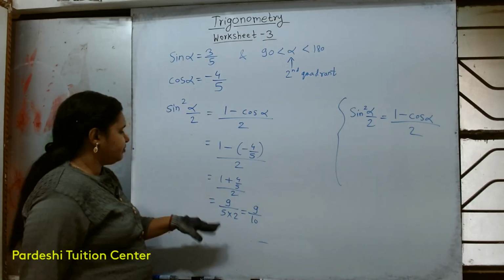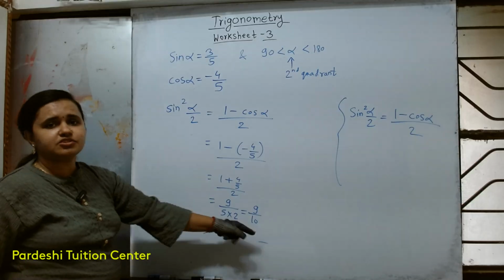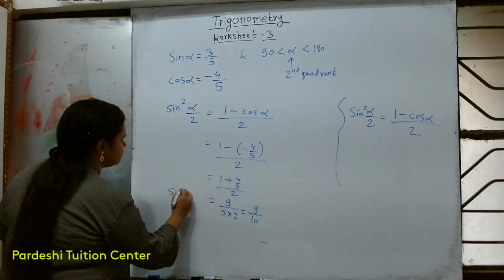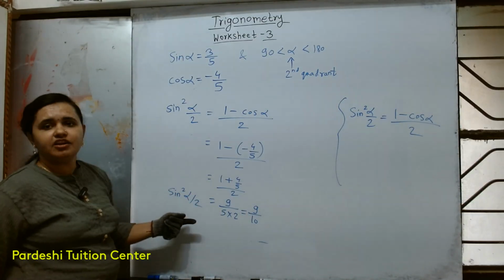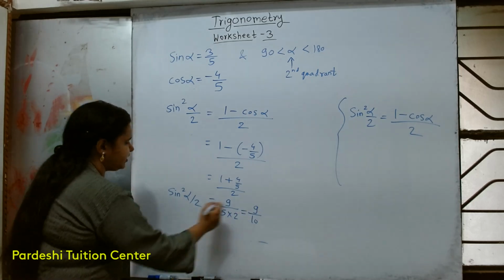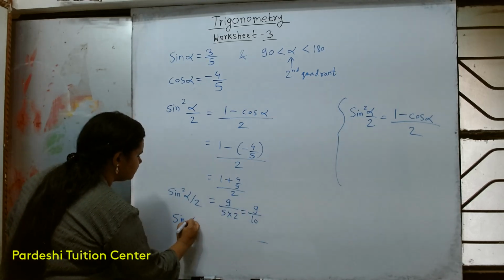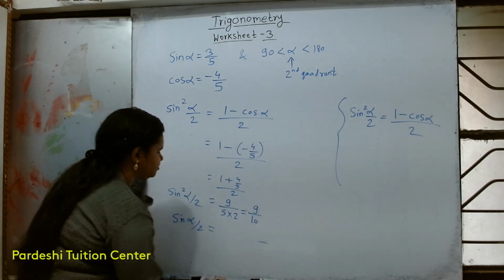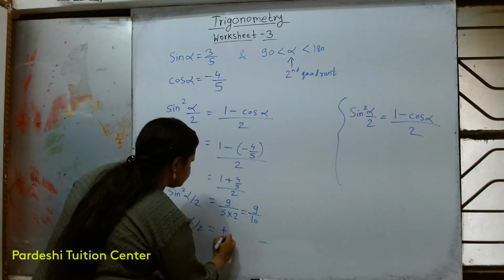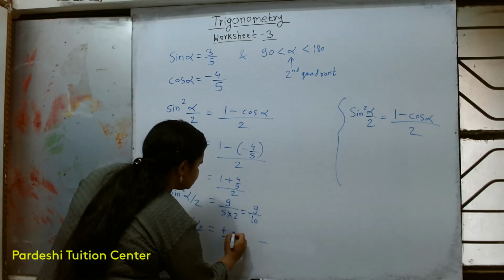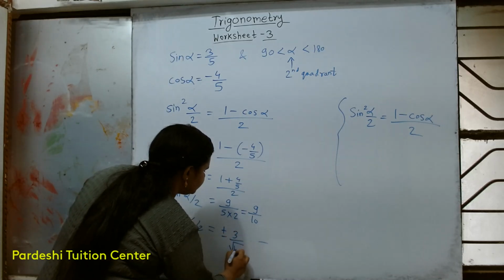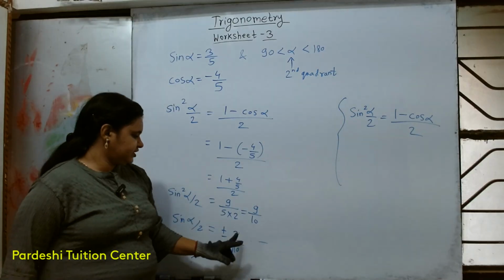This is the value of sin square alpha by 2. But we want sin alpha by 2. So taking square root on both sides, sin alpha by 2 equals plus minus 3 upon under root of 10, since 9 is the square of 3.